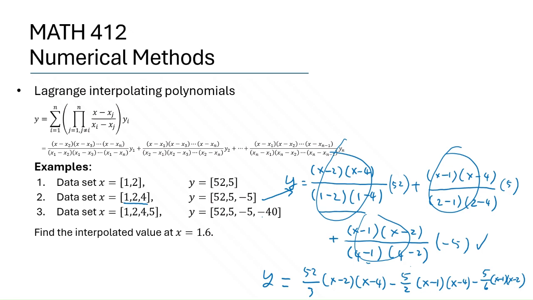When we set up a Lagrange interpolating polynomial for this dataset, though we know this dataset contains the subset, the dataset from this first one, we inherit nothing. We can use nothing from that one.